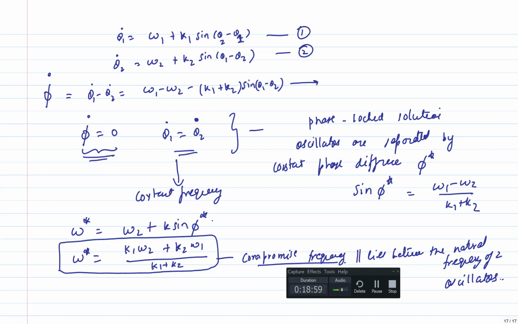So, in short, when we have a coupling, then depending upon the parameters K1, K2, omega 1, omega 2, we can have the coupled oscillator system with both of the oscillators going at a constant compromised frequency, and also with a constant phase difference given by this angle.